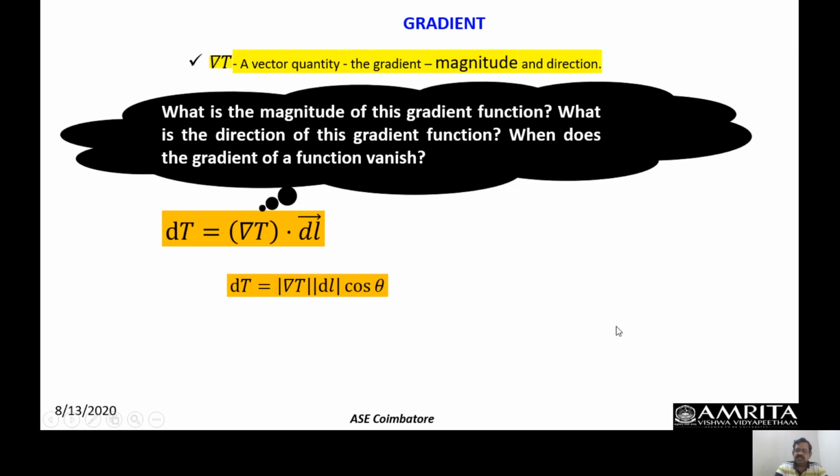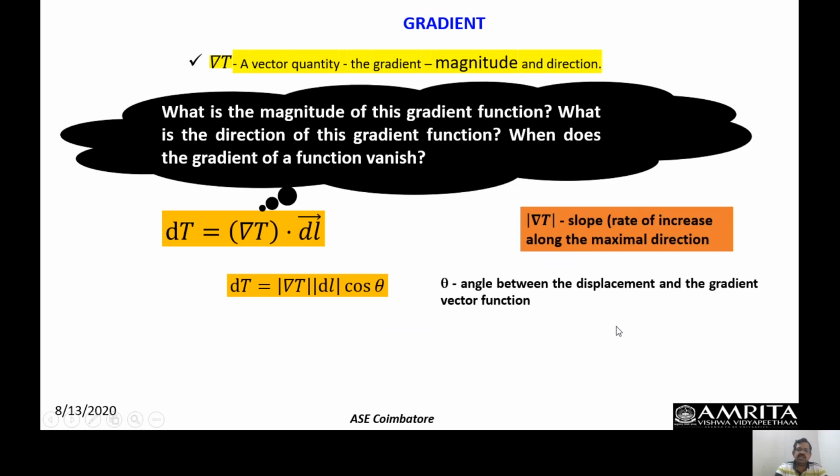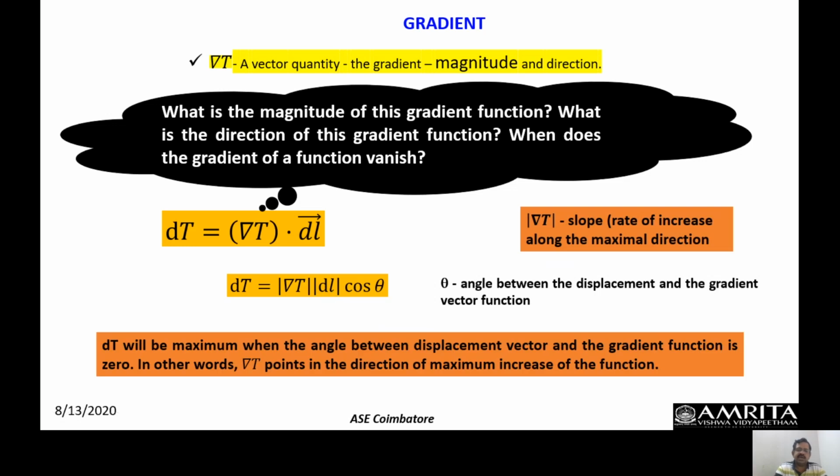Mathematically, we can see that from this equation. Here we talk about the gradient of a temperature function, and dT will be maximum when del T, that is the gradient direction, and the infinitesimal displacement vector dl are oriented along the same direction.